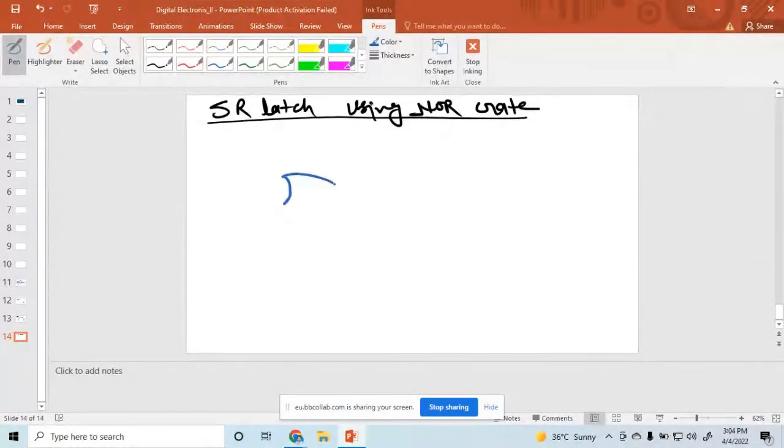This one is a NOR gate. This one is a NOR gate.